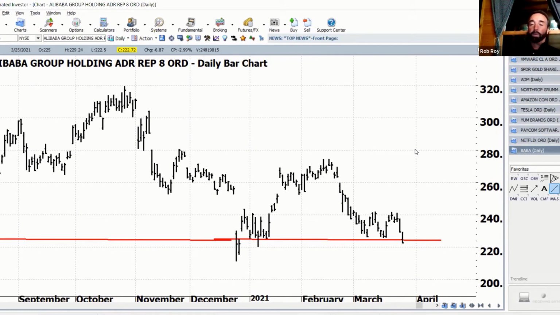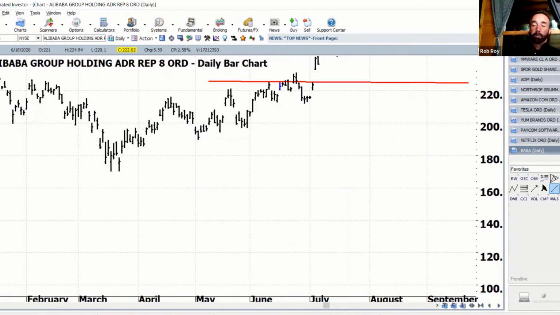You would think that this one would move to the upside, but we talked about this before, that it had two areas of support and it's broken below 240. It's tried to break above it a couple of times, broken down. We're holding 220 right now, which is extremely important for Alibaba to hold.